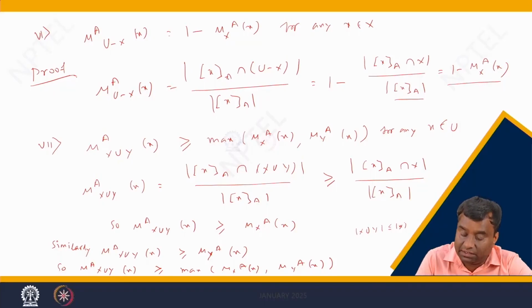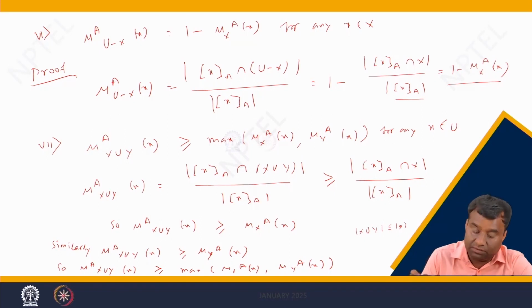So here you can write it as 1 minus the cardinal number of [x]_A intersection X by the cardinal number of [x]_A, so that is 1 minus mu_X^A(x).